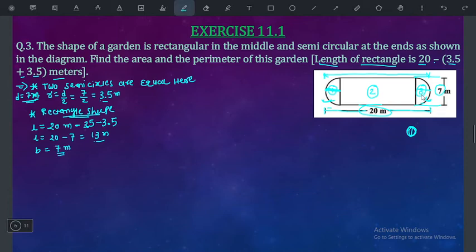Okay, so we have the length, we have the breadth, and we also have the radius for one full circle. Now we find out the area of the garden. Area of garden equals what? Area of two semicircles which are equal, plus area of the rectangle.